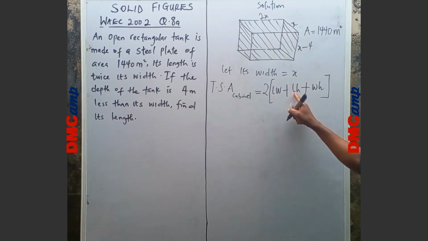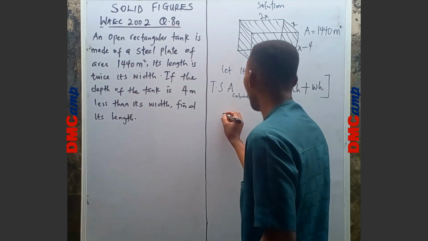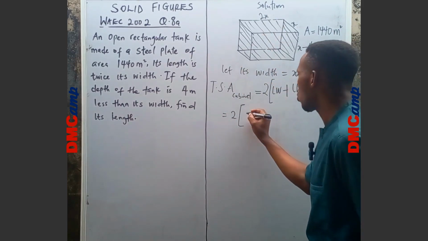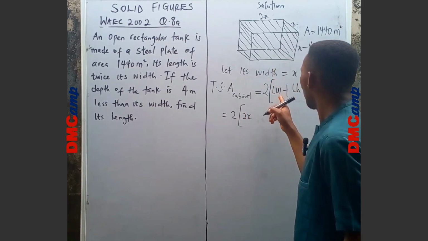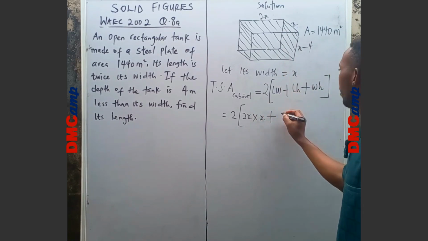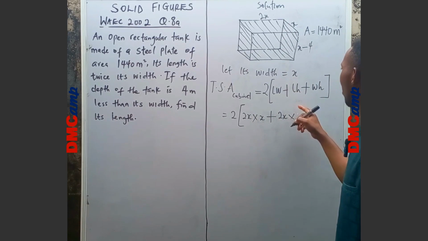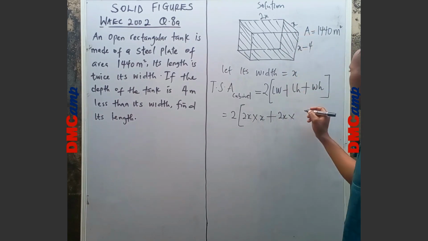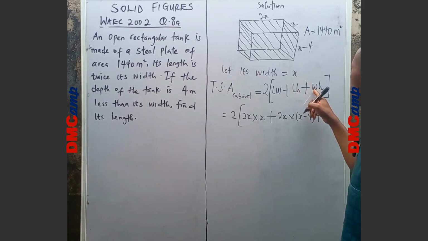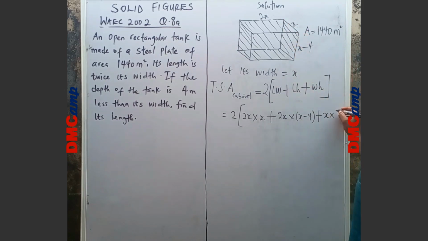So we have 2 into open bracket: the length is 2x, the width is x, plus the length 2x multiplied by the height, the depth, x minus 4. Finally plus the width x multiplied by the height, x minus 4.